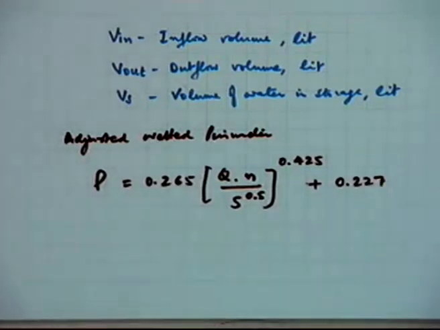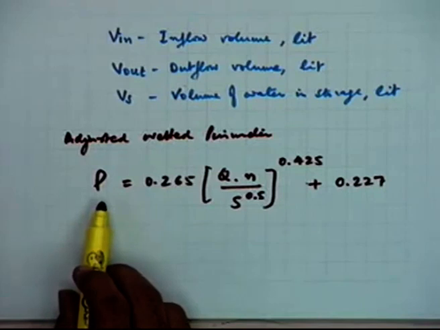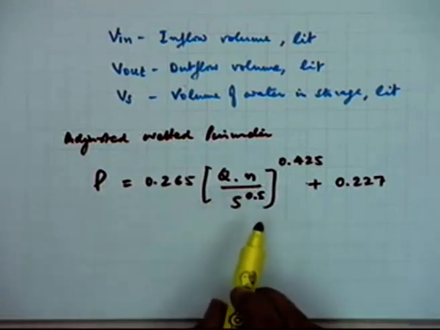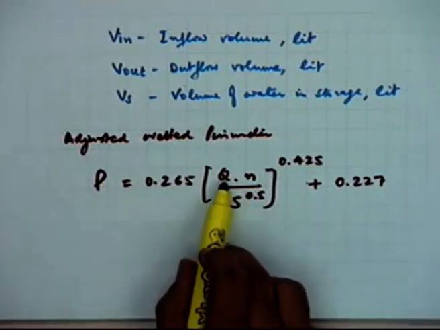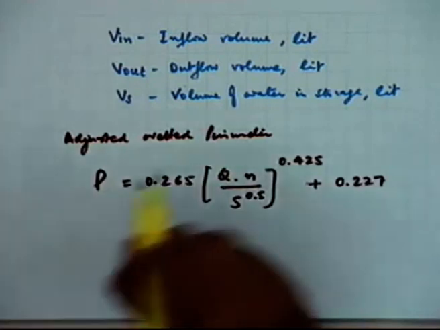This expression has been found to give the adjusted wetted perimeter. The terms you already know. Q is the volumetric inflow in liters per second.